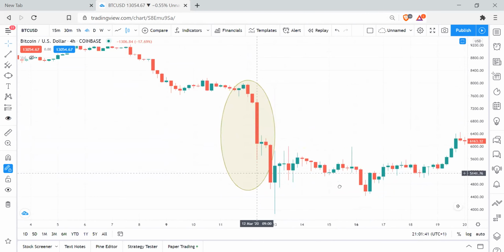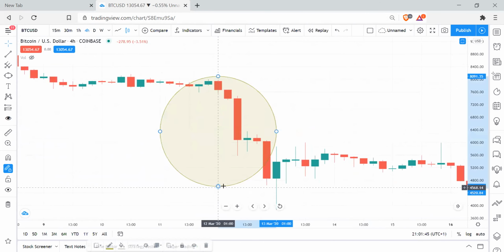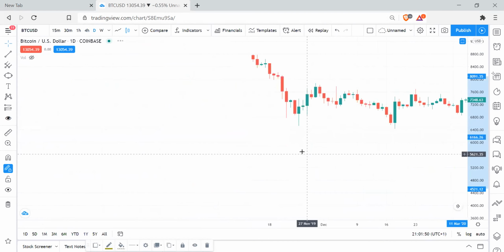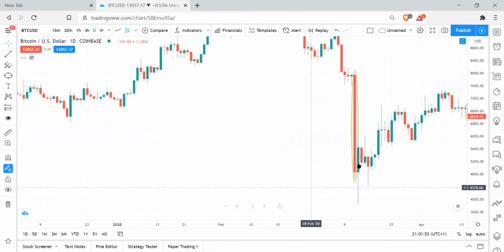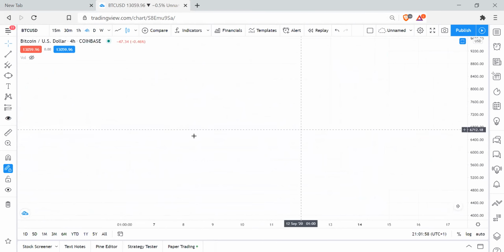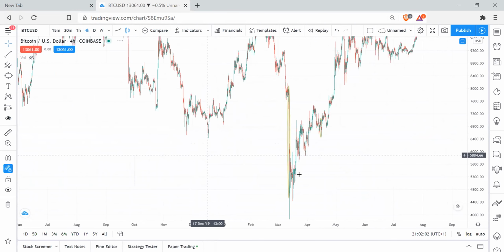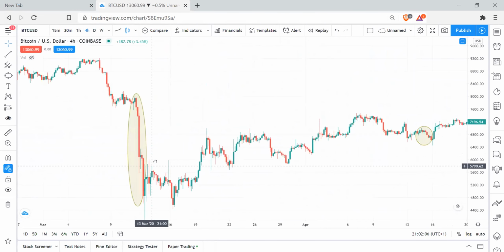So where did the 12th of March begin? Let me go adjust that and accommodate the wick from that day. Okay. Yeah, see good. No issues there. So this is it. The mega crash.